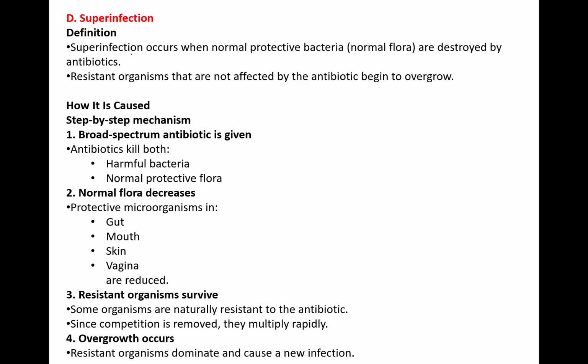Superinfection occurs when normal protective bacteria in our body, especially the gut bacteria, are destroyed by antibiotics. Resistant organisms that are not affected by the antibiotic will begin to overgrow.